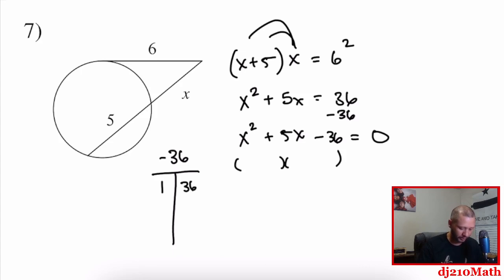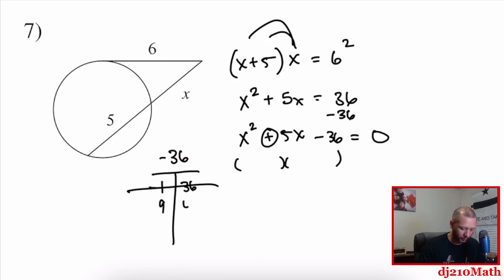So 1 and 36. 1 has to be negative, so it's the smaller number, right? Because this symbol here implies that when you add them together, it needs to be positive. So negative 1 times 36 is negative 36. You add them together, you get positive 35. So that's not it.